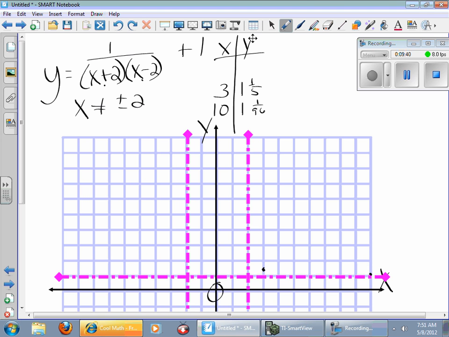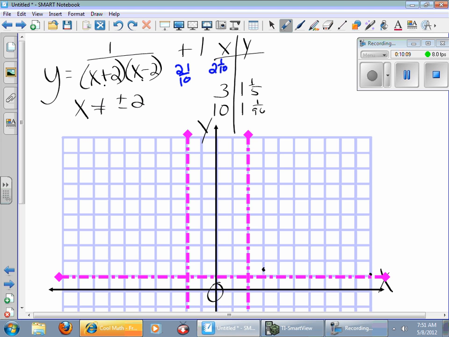All right, now let's put in a number close to 2, say something like 2 and 1/10. Now, I think it's going to be easier to work from the factored form, but it doesn't matter how you want to do it. I'm actually going to work with 21 tenths, the mixed number.